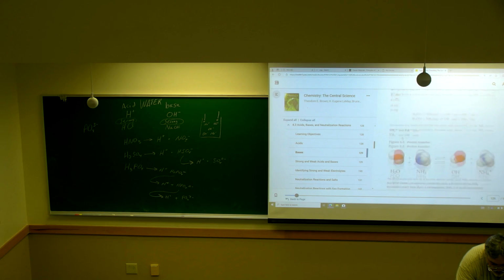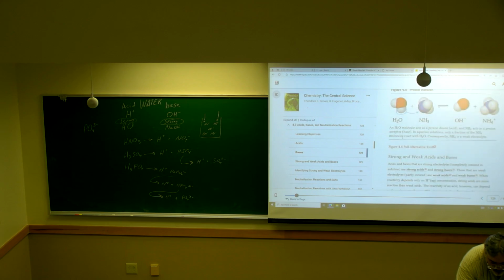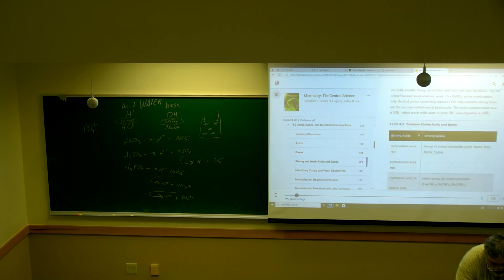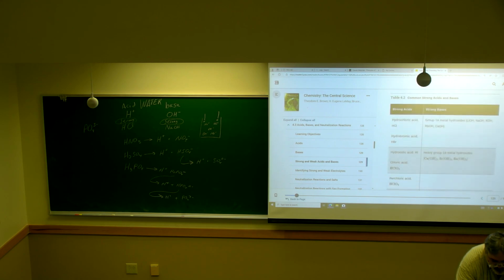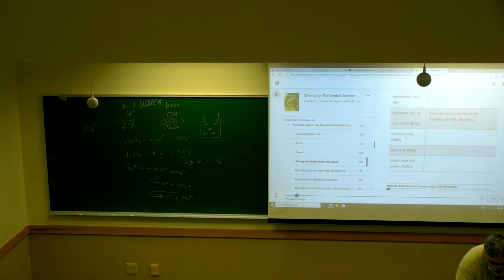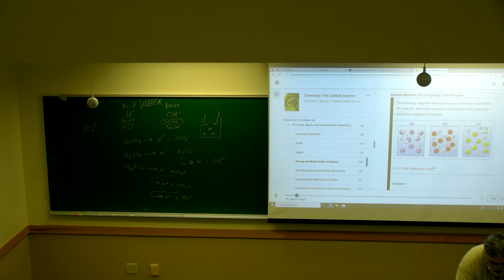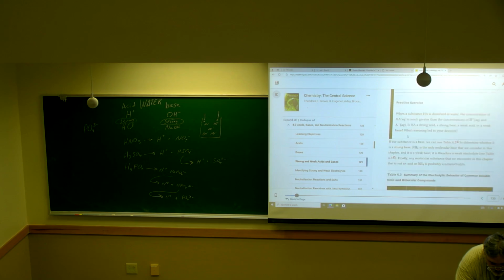I think I covered this. There's the ammonium. This chart just gives you some strong acids and strong bases, but this is essentially what I just described about strong acids and strong bases, the ones I mentioned.